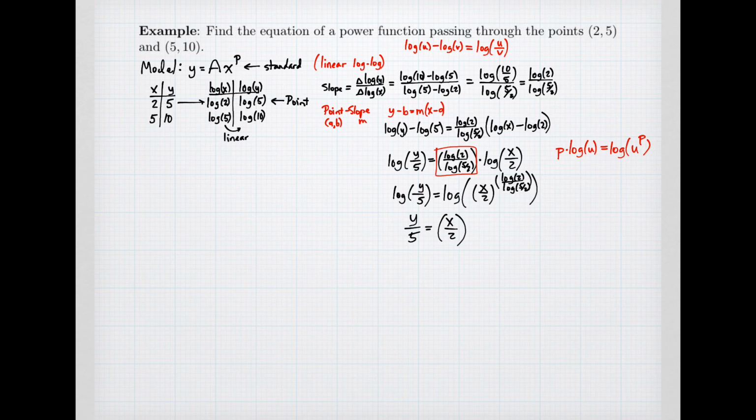I should have just given it a name, let's call that p. p is this slope that we found. And if I want to solve for y, I'll multiply by 5 and get x to that power divided by 2 to the power, and I now recognize a power function. My y is equal to 5 over 2 to the p, where p is that ratio, times x to the same power. And I've got my power function.